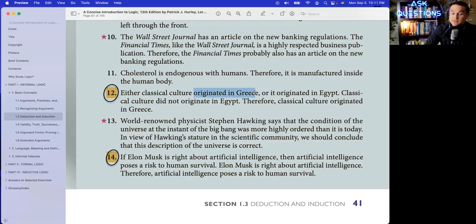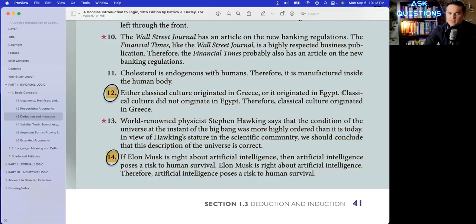So we're going to assume that this first premise is true and that the other premise is true. And if we assume that, then classical culture must have originated in Greece, right? If it's Greece or Egypt and we rule out Egypt, then what's left? It's got to be Greece. So this is a deductive argument. And it's my understanding that it is a good deductive argument. It's a bit of an empirical question, but it's more how historians have carved up history.